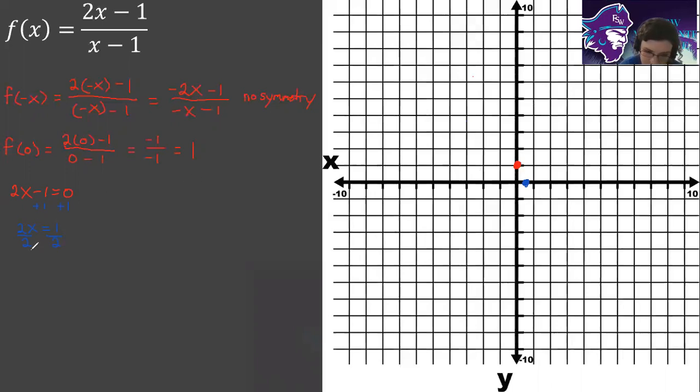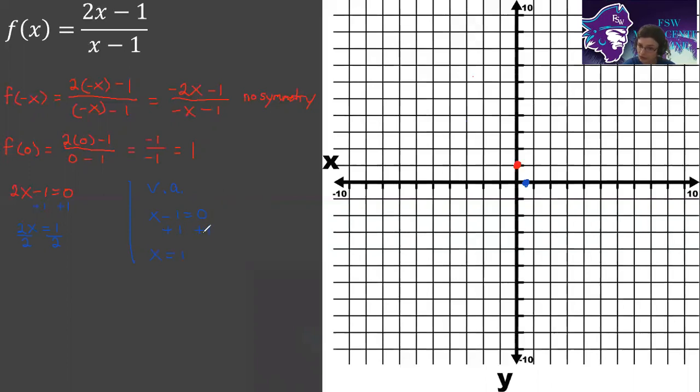Now, our next part is determining vertical asymptotes. So we're going to want to find vertical asymptotes by setting the denominator equal to 0. And adding 1 to both sides, it looks like your vertical asymptote occurs at +1.